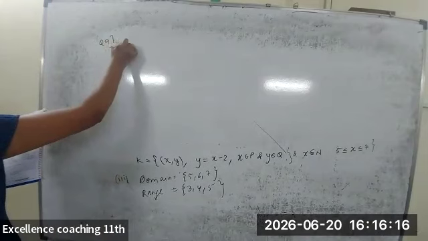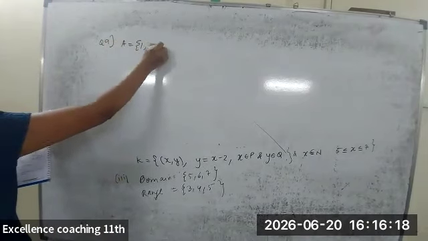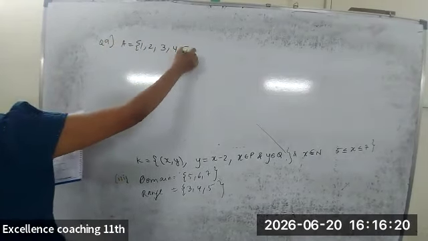The ninth one, A is 1, 2, 3, 4, 5, and 6.